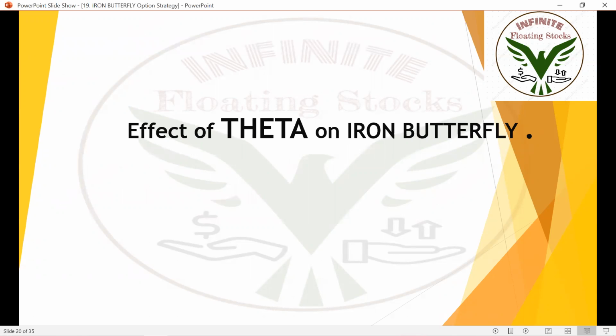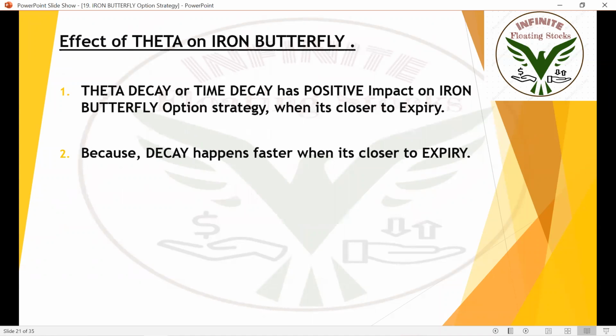Effect of theta. See, the effect of theta will be similar to the effect of theta in short straddle. Theta will have a positive impact there and here as well. Theta decay or time decay has a positive impact on Iron Butterfly because this strategy is an extension to short straddle, so all the parameters will be similar for both.